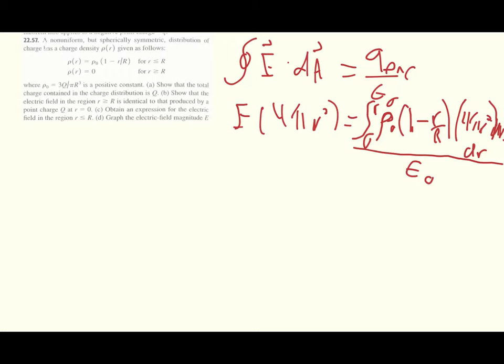Because of the last problem, we've done almost all of that part before.